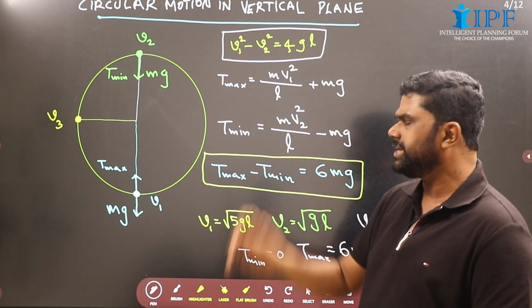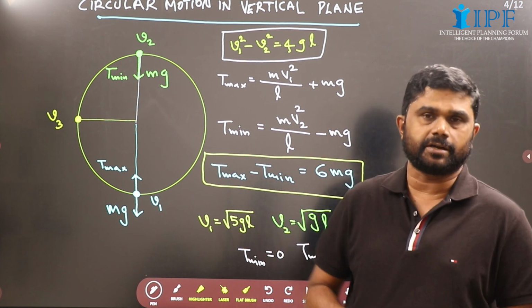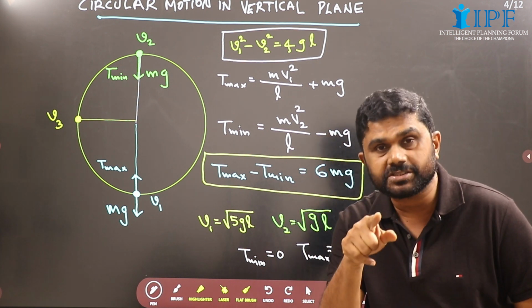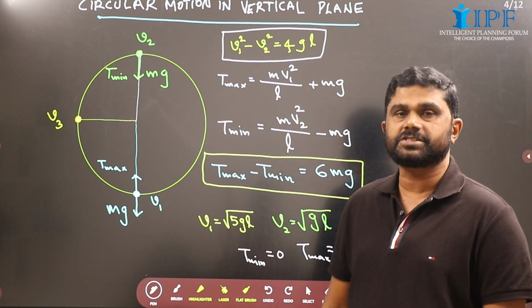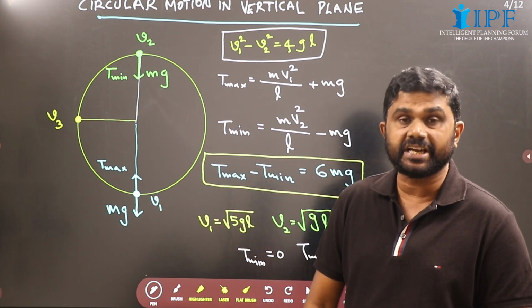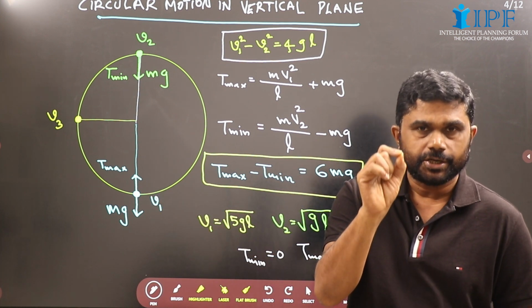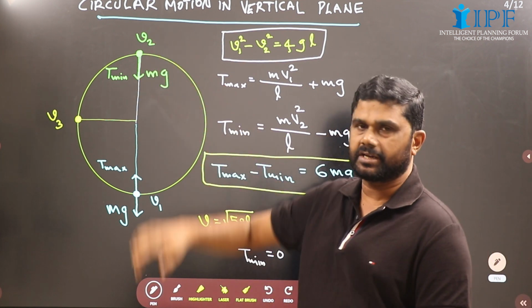Okay, now see, for the body to be maintained in a vertical circle, there is a minimum velocity that must be given to the body at the lowest point. That minimum velocity is root 5gL. Here v1 equals root 5gL. That is the minimum velocity to be given to the body at the lowest point to complete the vertical circle.